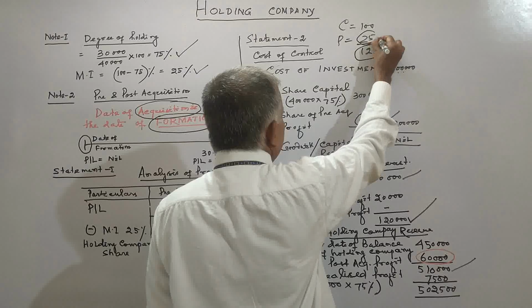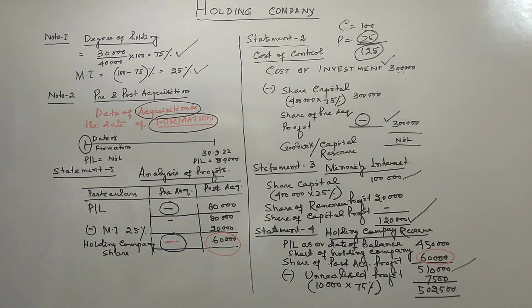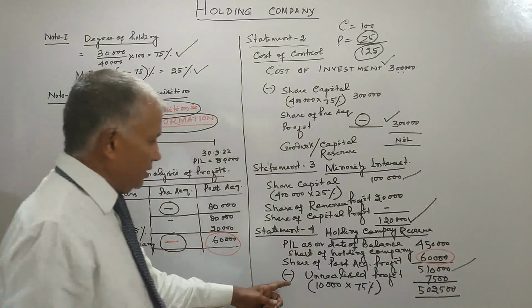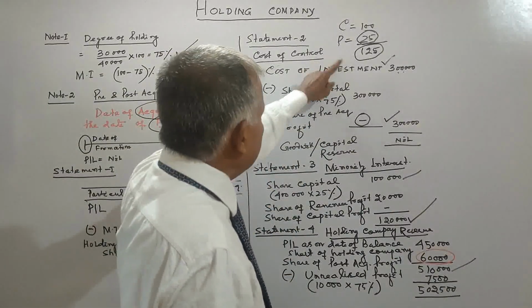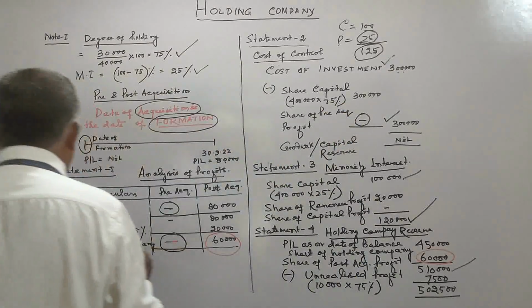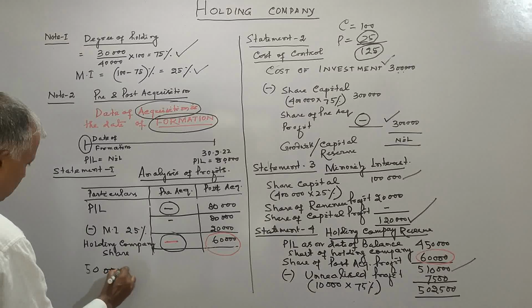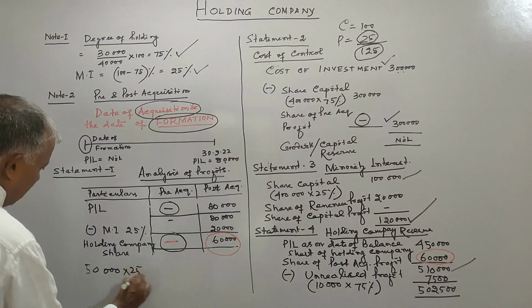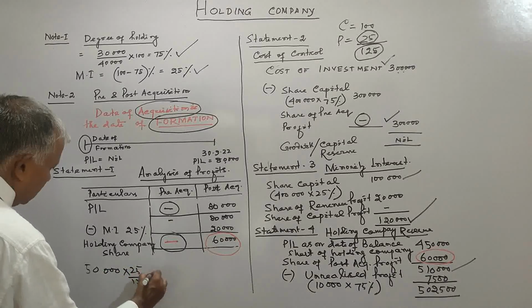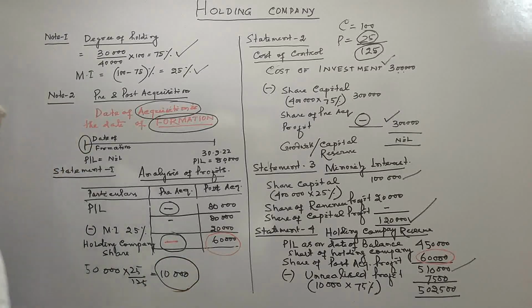On 125, 25 is the profit. So 50,000 into 25 by 125, 10,000 is the unrealized profit here.